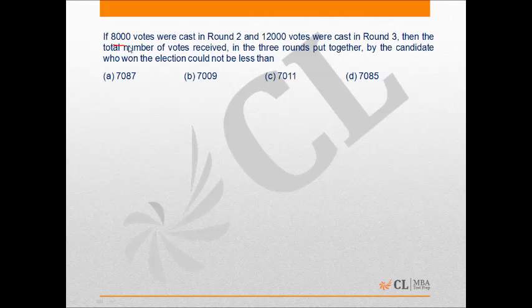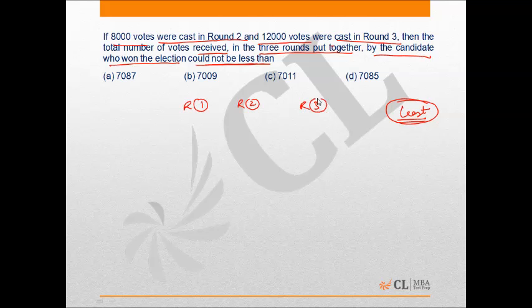Next, if 8000 votes were cast in round 2 and 12,000 votes were cast in round 3, then the total number of votes received in 3 rounds put together by the candidate who won the election could not be less than. So I have to give the minimum number of votes to a candidate who has won the election. Similarly, round 1, round 2 and round 3.